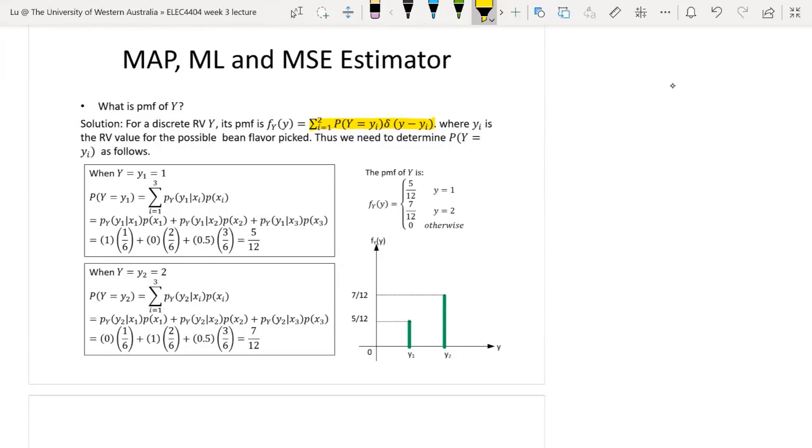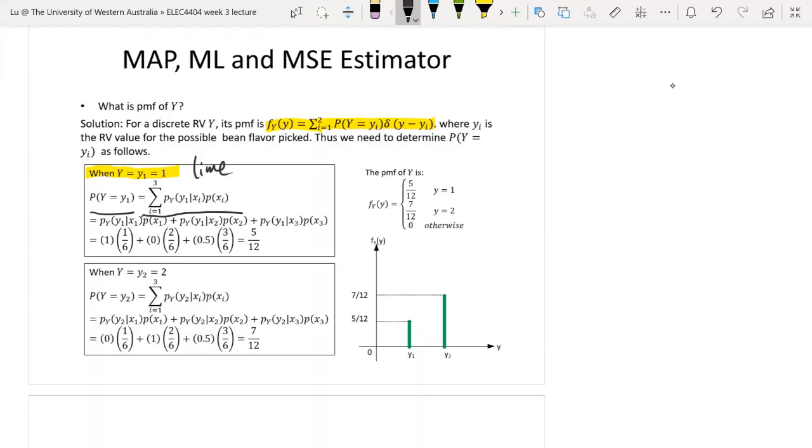So this mathematical equation is very similar to the one we analyzed in the PMF of the X. But how do we derive this? Okay, here. When the random variable Y is equal to Y1, which is equal to 1, this means we are picking a lime flavor bean from the bag, and we want to evaluate this probability using such a formula.